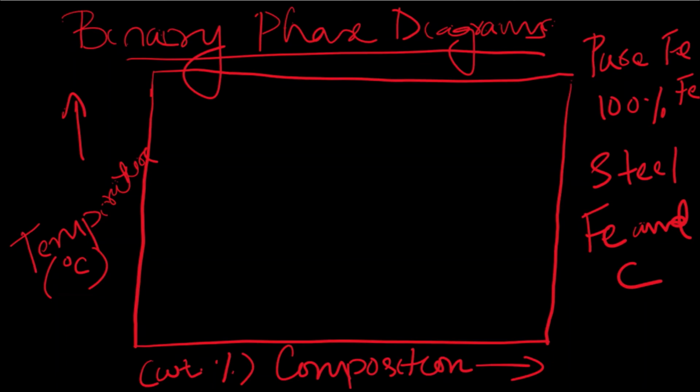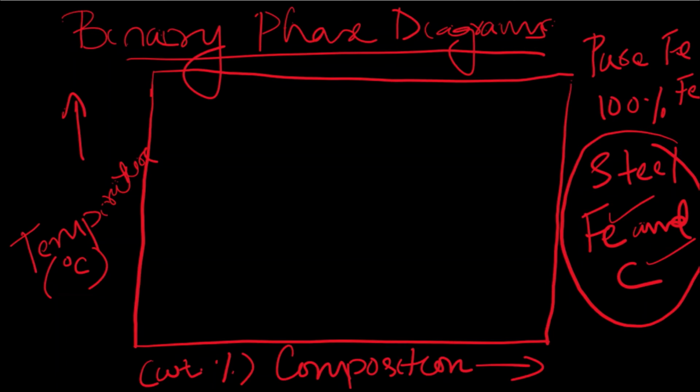So steel consists of two components. So binary phase diagrams are basically for two component system, mainly the alloys which are composed of two components. Here we can take steel, iron and carbon. They are binary phase diagram.